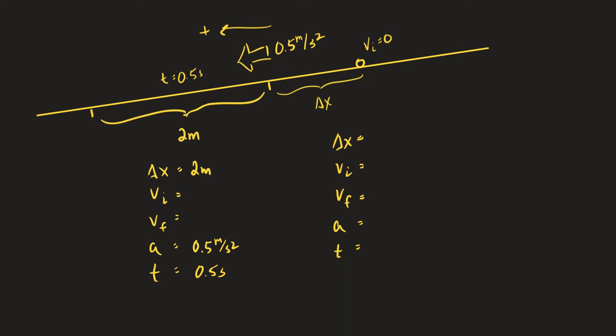And then evaluate direction. Now, I know you guys think that I've already done that, but I haven't. I am very explicit about evaluating direction and placing positives or negatives depending on the direction of the things that are vectors. 4 of the values are vectors.